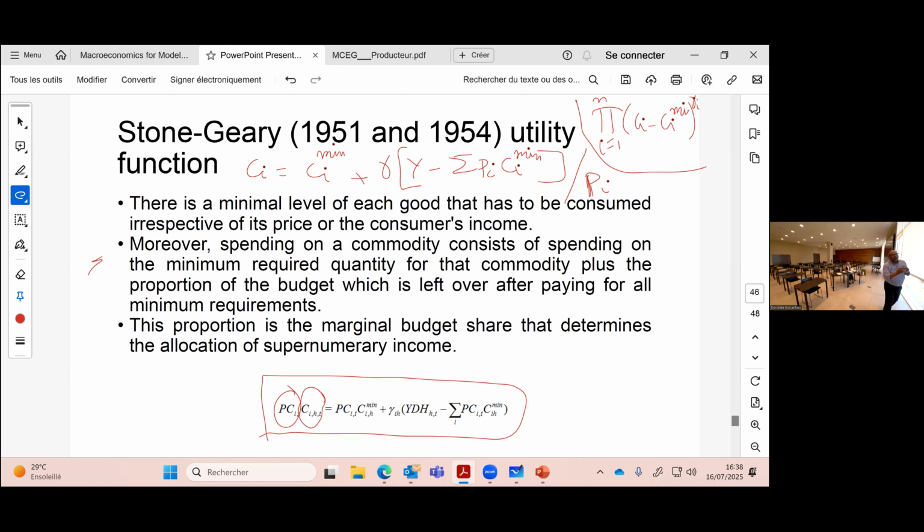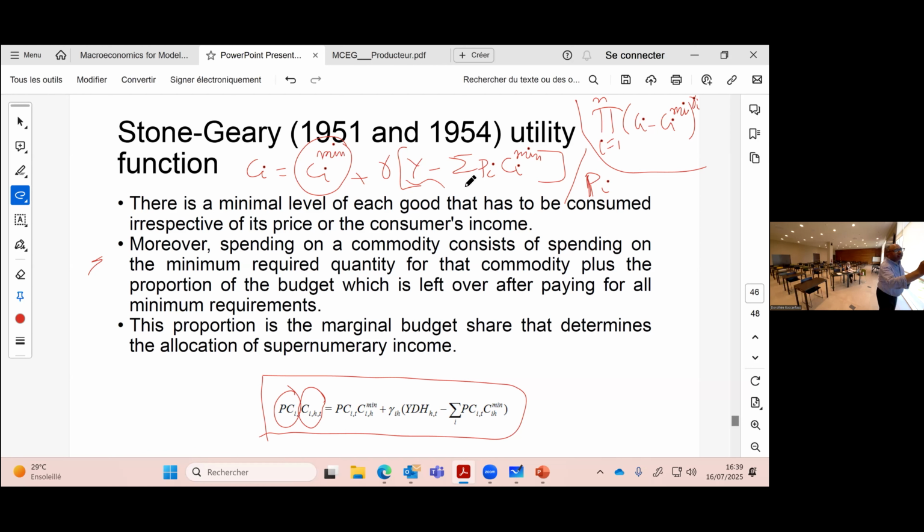What we have, the C min, is the volume of the good E we have to use necessarily. Suppose it's bread, sugar, oil, I don't know what. This is the minimum commodity we have to use necessarily. And after that, look, this one is independent of price. And this is the minimum we have.